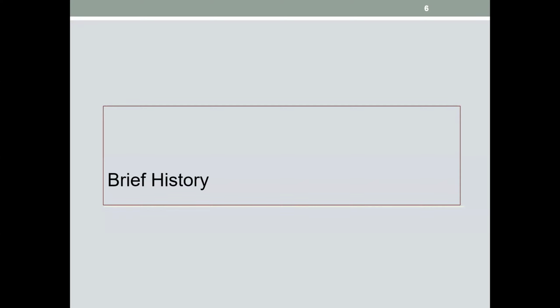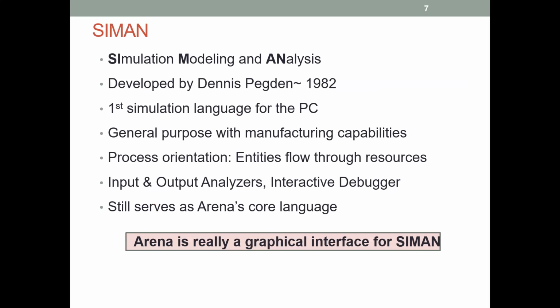And before we get into the new templates, I want to show you some history about this particular software. I always mention Siman. Siman stands for Simulation Modeling and Analysis, and that's the name of the original software before it was named Arena. This was developed by Dennis Pegden in 1982, and it was the first simulation language for the computer.